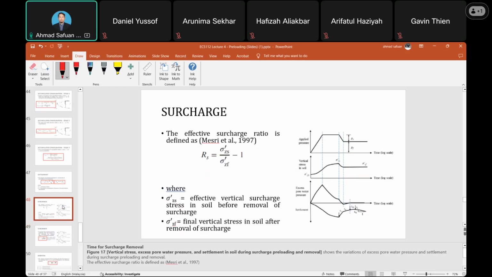This is on the issue of the surcharge. The effective surcharge ratio is defined as sigma ZS over sigma ZF, minus 1.